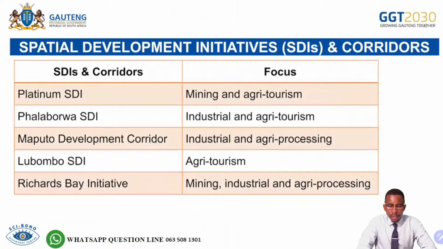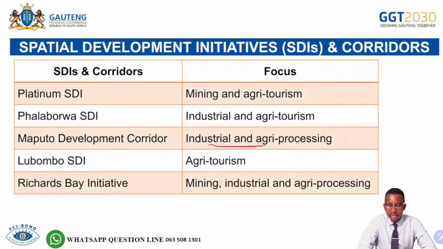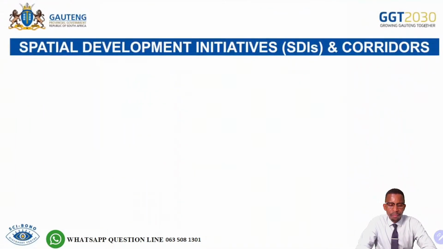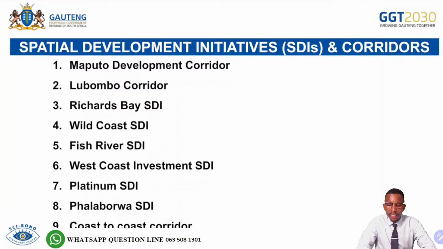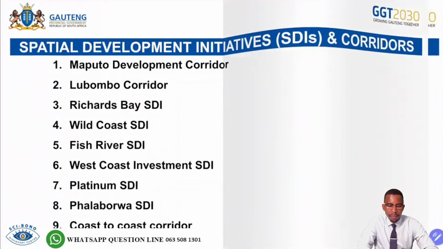Then we continue. SDIs and corridors: Platinum SDI, which is mining and agritourism, Phalaborwa SDI, industrial and agritourism, Maputo Development Corridor, industrial and agri-processing, Lubombo SDI, agritourism, Richards Bay Initiative, mining, industrial and agri-processing. These are examples of corridors and SDIs currently in place in South Africa. I'm not going to list them all because of time.